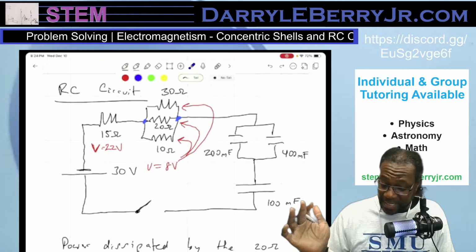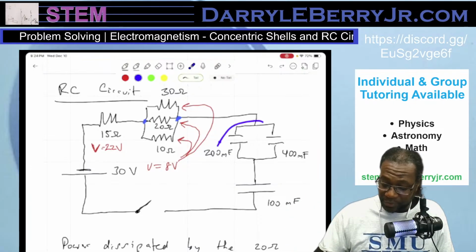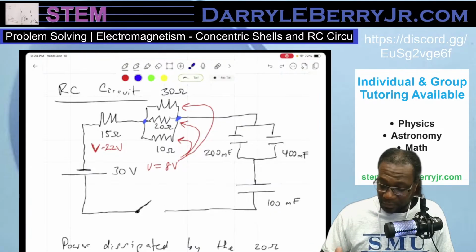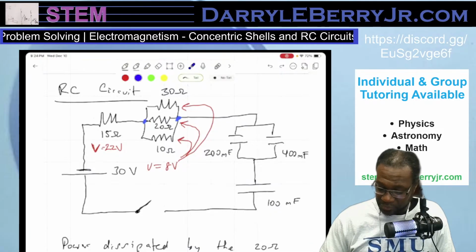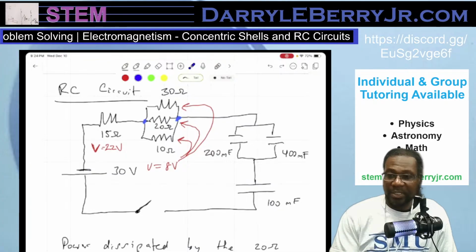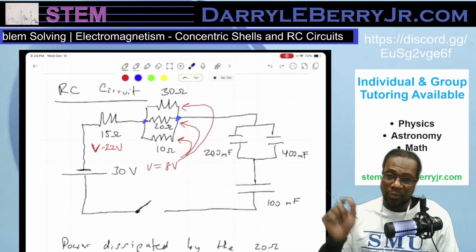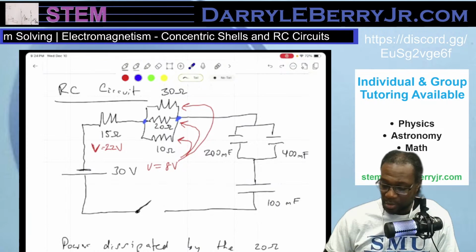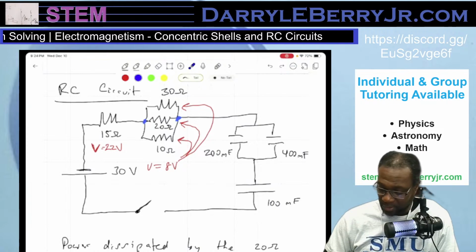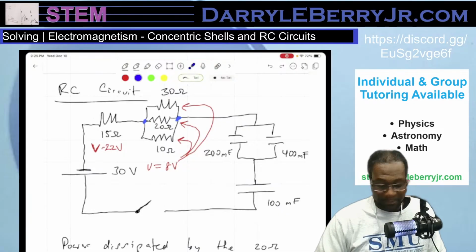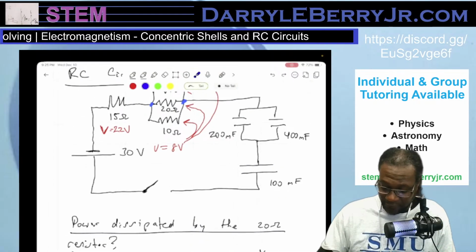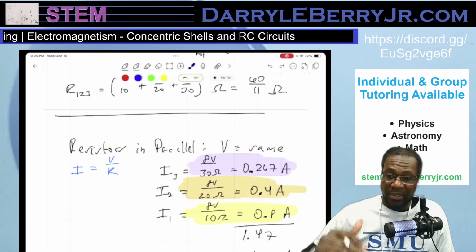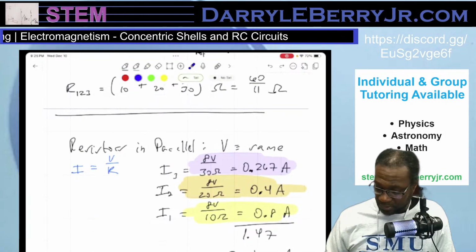The flow of current will stop, and you'll have fully charged capacitors with no movement of charge. So with an RC circuit, you close the circuit, and in a certain amount of time things just stop flowing until you discharge the capacitors. So even though it starts at 1.5 amps when I first close this, it will steadily go down until it reaches 0.